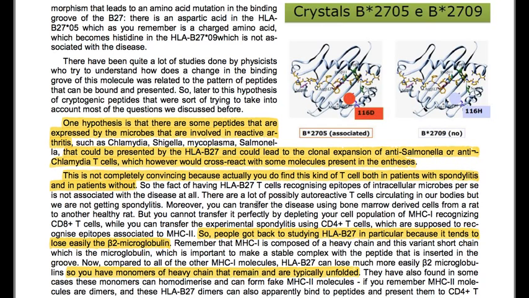Moreover, you can transfer the disease using bone marrow-derived cells from a rat to another healthy rat, and you cannot prevent the transfer by depleting the cell population of MHC1-recognizing CD8 positive T cells, while you can transfer the experimental spondylitis using CD4 positive T cells, which are supposed to recognize epitopes associated to MHC2.